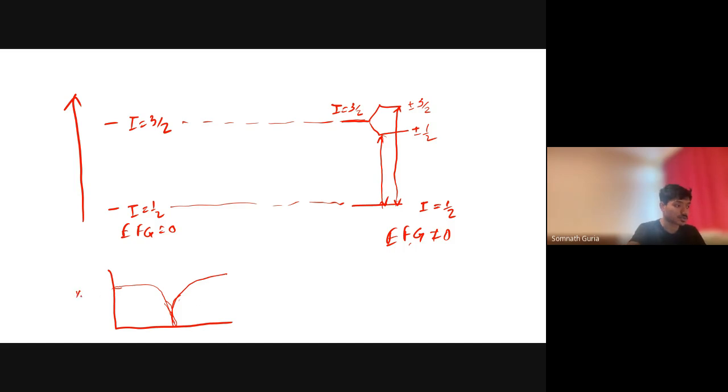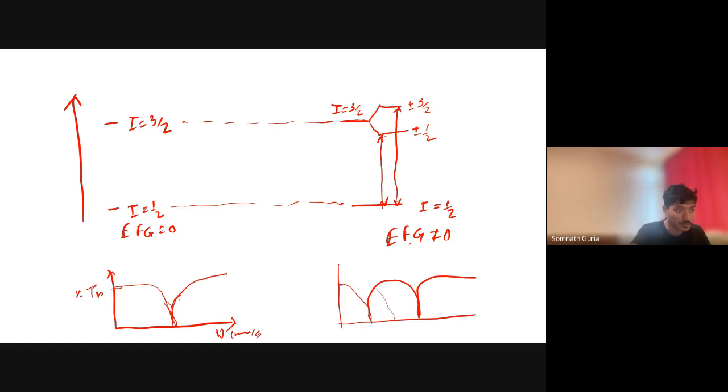The percentage of transmittance on this axis, and on this axis the velocity in millimeters per second, and it will look like this: one line over here, another line over here, and it is supposed to be symmetric.